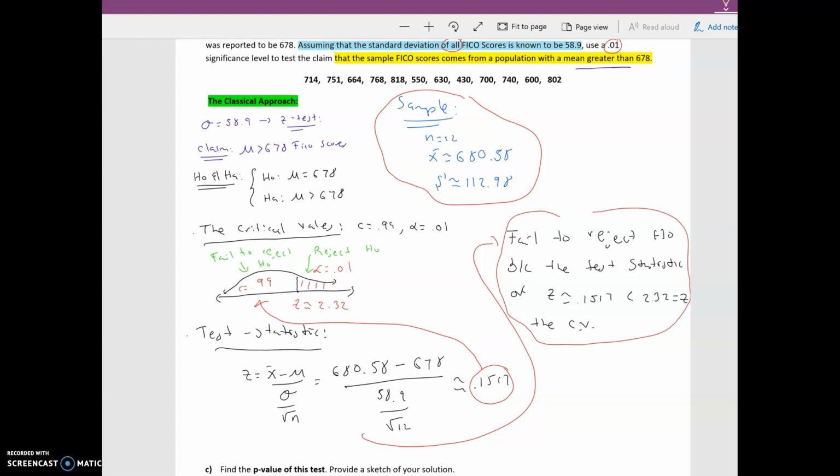What we're explaining here is that it's to the left of the critical value. Therefore, we land in our fail to reject region.